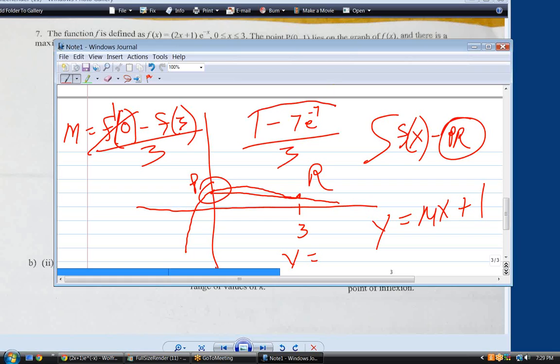So there's the slope. So I could say the equation of line PR is that number times x plus 1.